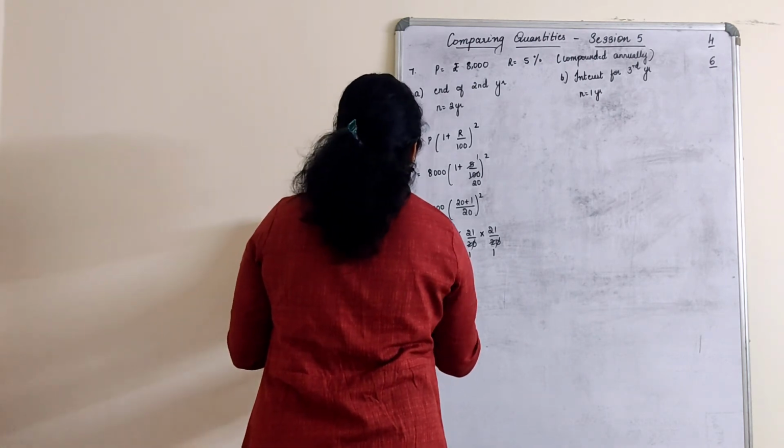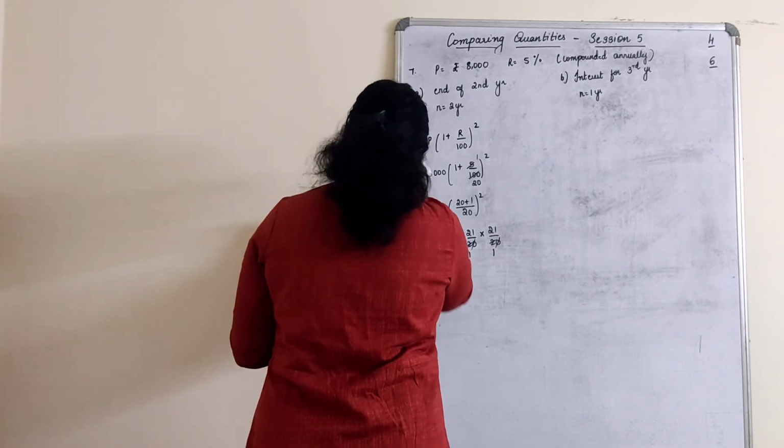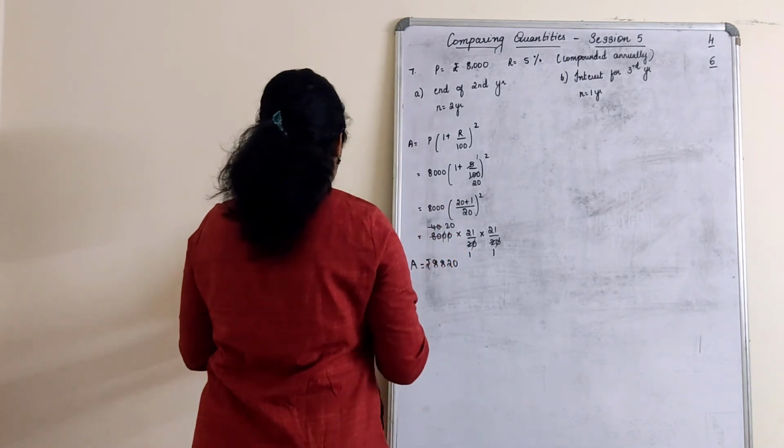When you do that, you get the amount as 8,820 rupees at the end of second year.